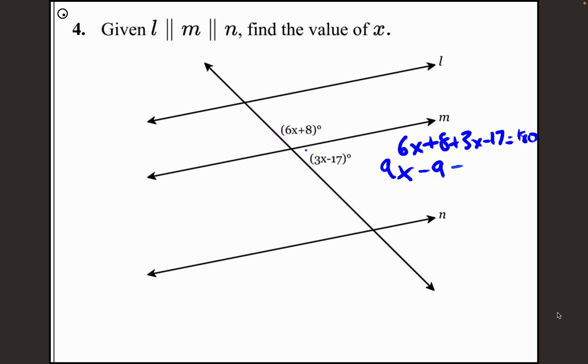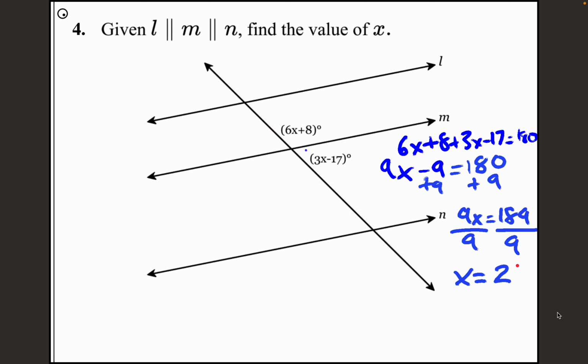Minus 9, negative 9, equals 180. Add 9 over. I have 9x equals 189. And what's 189 divided by 9? 21. Is that what we got? Okay. Do we have any questions so far?